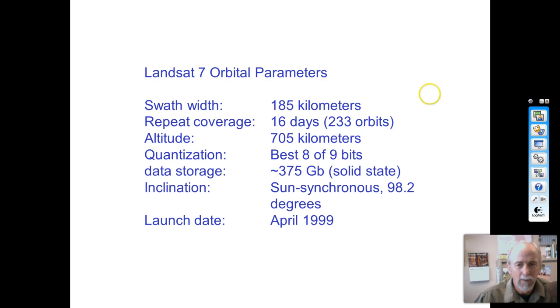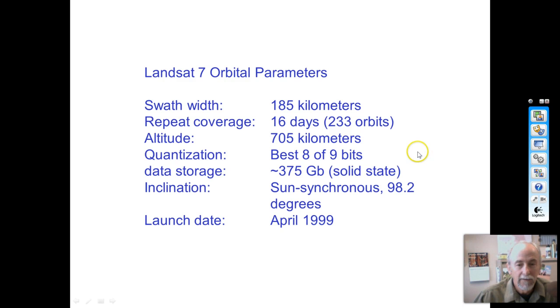It's something you may want to get familiar with, particularly in areas where you have a particular interest, and it allows you to do quicker searches. You can see the width of it is around 185 kilometers every 16 days. It's not necessarily very low Earth orbit. It's a little bit higher than that. The data that we work with, by the time we get it, is 8-bit data.